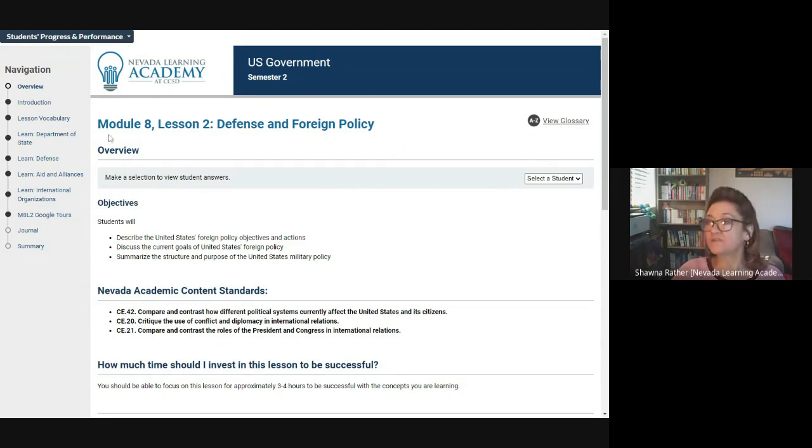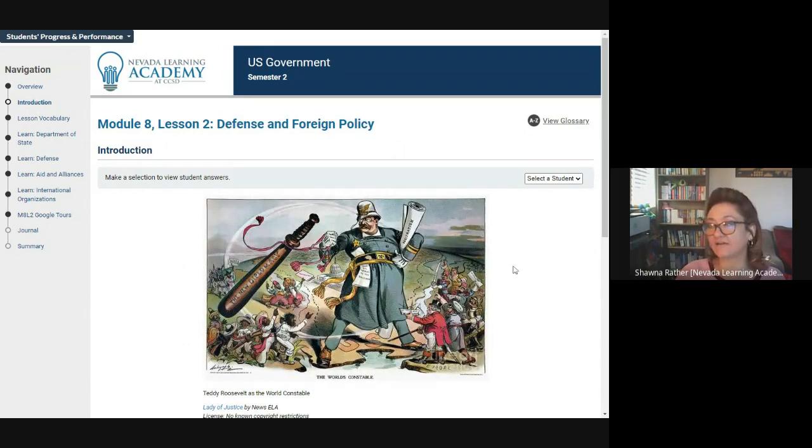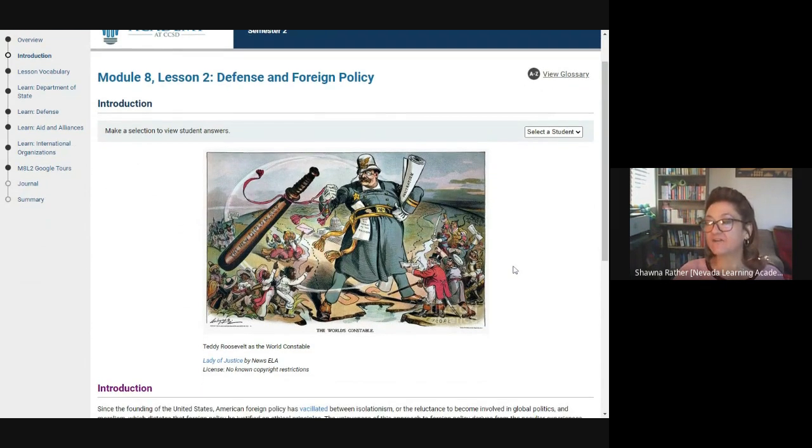Okay. The first thing that we always do when we get into our notebooks is look at our introduction. And of course, we have the new diplomacy, or the big stick diplomacy by Teddy Roosevelt, right? Walk softly, carry a big stick.